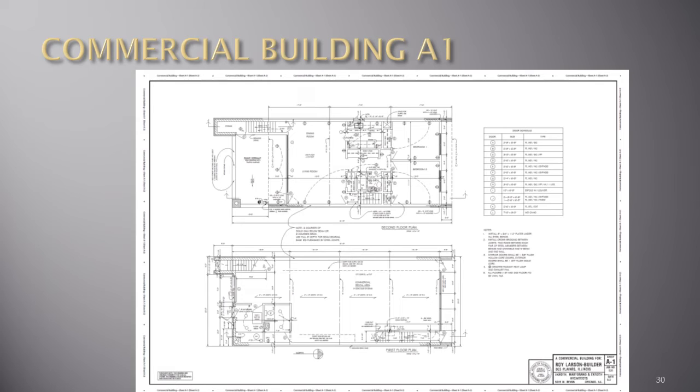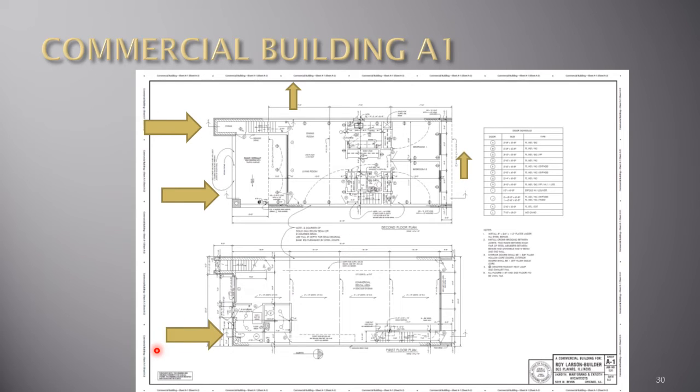Looking at Commercial Building Sheet A1 found in your handouts, we have a cutting plane here, cutting plane number 2, that extends to this location, and because of which direction these arrows are facing, we are looking in this direction. Down here we have cutting plane number 1, and again we are looking in this direction.